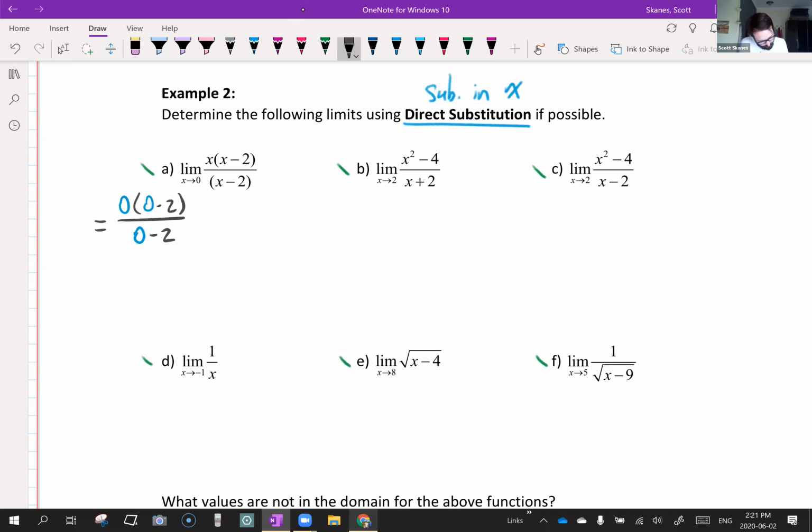Someone use a calculator? 0 on top, negative 2 on bottom. 0, it's not error. You only get an error if you have a 0 on bottom. You're allowed to have nothing and divide it into pieces. It's still nothing. So 0. The limit of this one is 0.